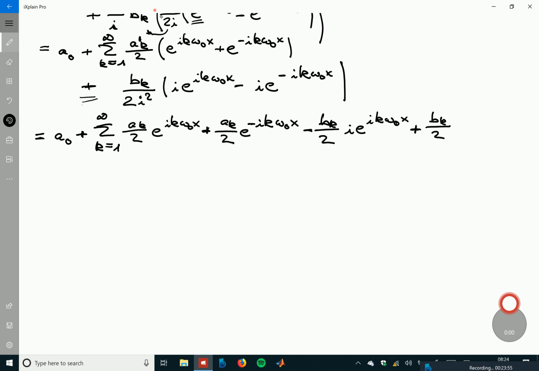So we have I, E minus I, K, omega 0x. One thing which is also helpful is that we put this I here, and it's a little bit easier to see. So just again changing the order of multiplication.